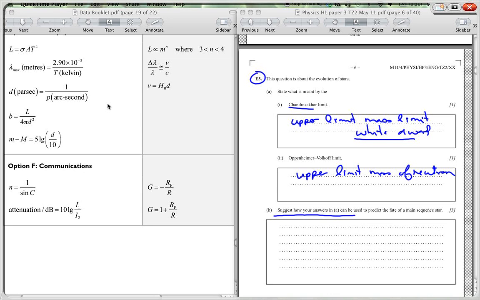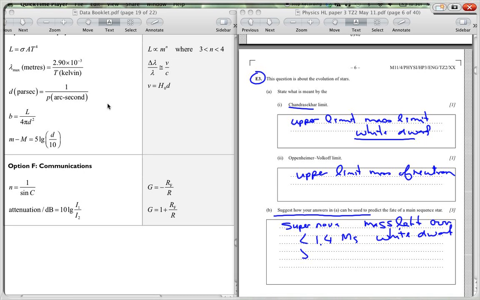Suggest how your answers in A can be used to predict the fate of a main sequence star. After the supernova, if the mass left over is less than 1.4 times the mass of the Sun, we have a white dwarf.